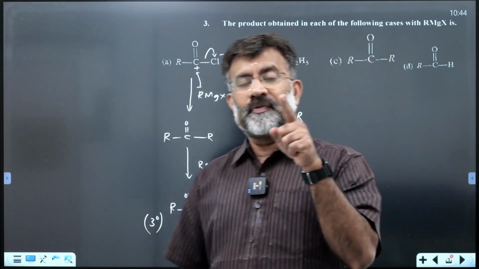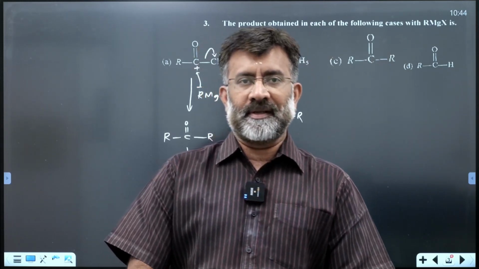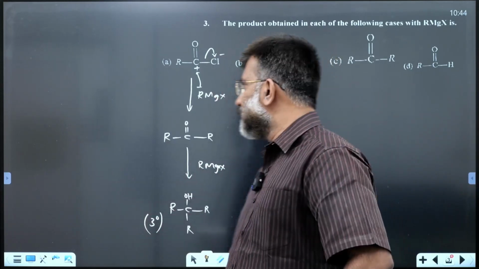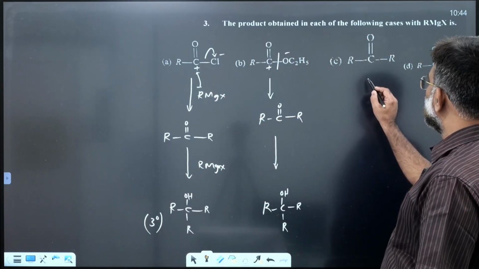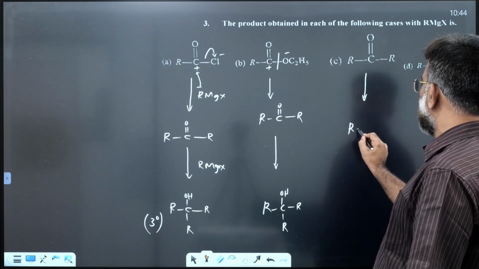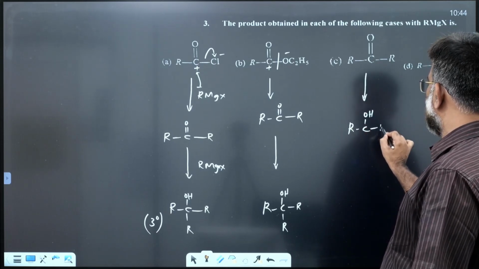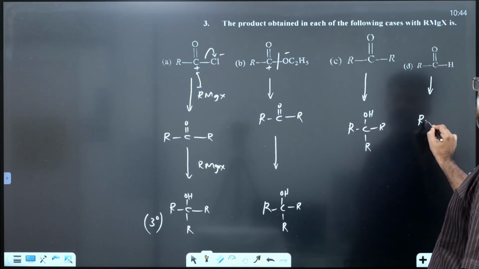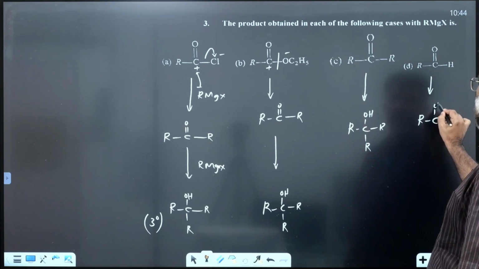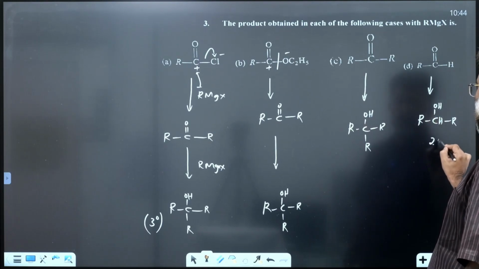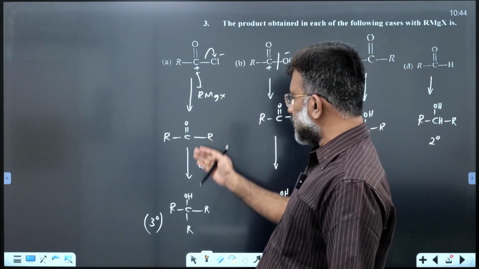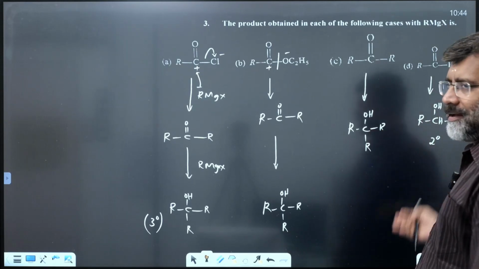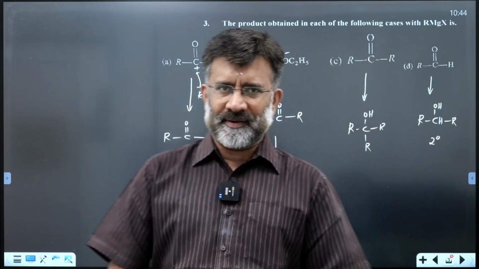And remember, if you are dealing with the ester of formic acid, you will be getting aldehyde, and from there secondary alcohol. Okay. What about here? It's a ketone, it will give you tertiary alcohol, RCOH, R. And this is an aldehyde, you get a secondary alcohol. So option A: first ketone, then tertiary alcohol; ketone, tertiary alcohol; secondary alcohol. That's it. Nothing special. Okay.